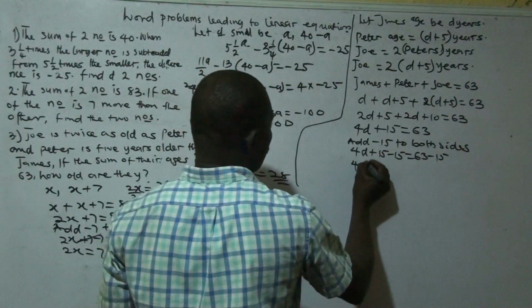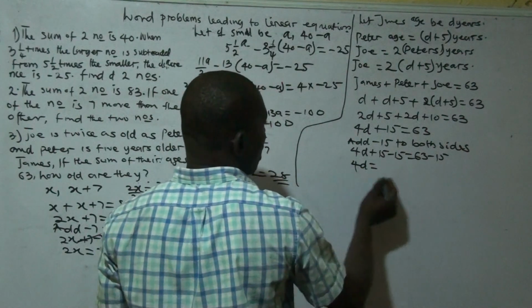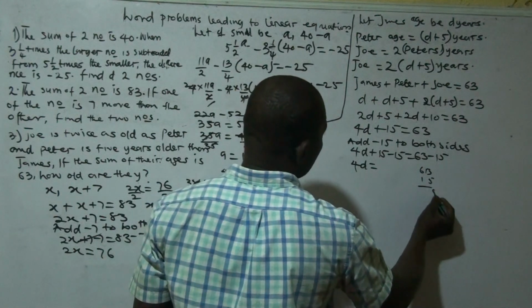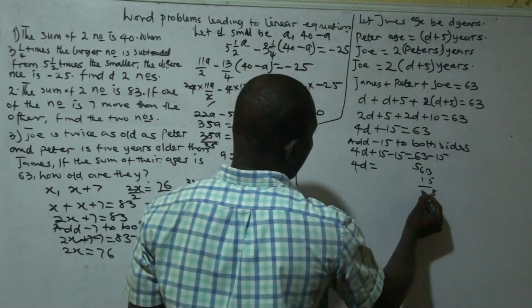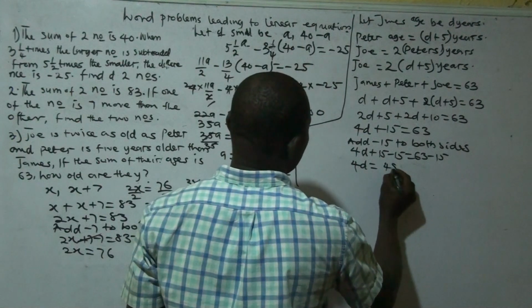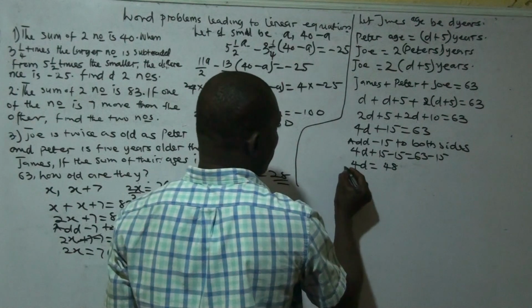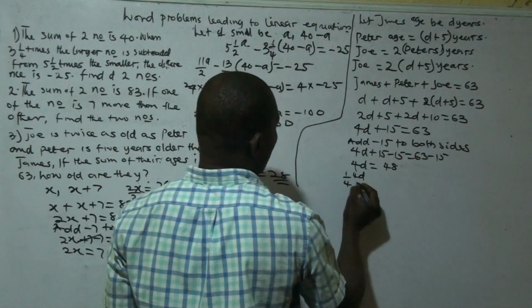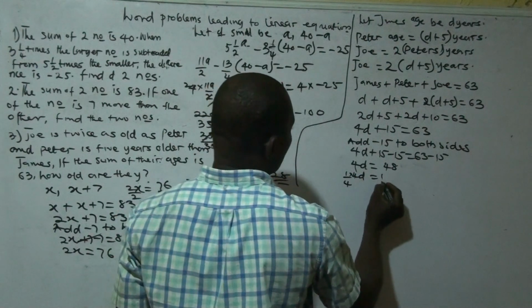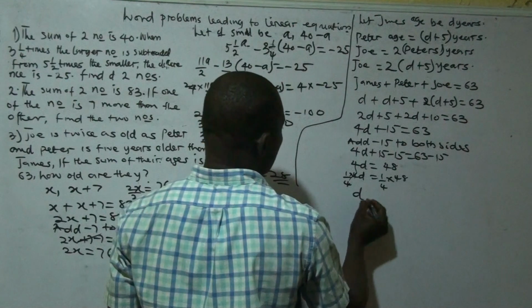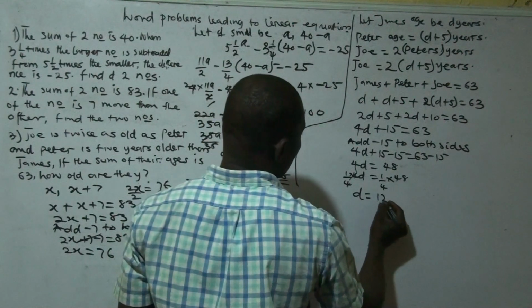So 4D is equal to 63 minus 15. This is 48. We multiply both sides by 1 over 4. 1 over 4 times 4D is equal to 1 over 4 times 48. So D is equal to 12.